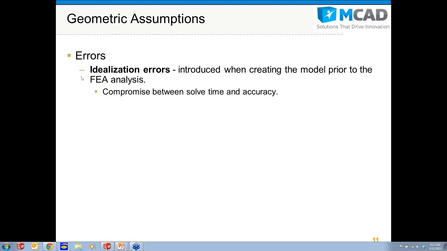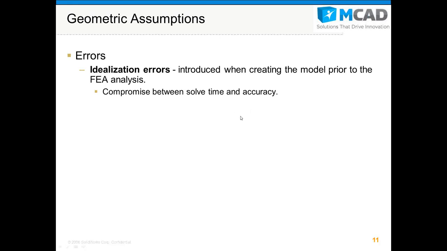So as far as the model goes, it's always a compromise between solve time and accuracy. The more fillets or the more features and geometry that you have in the model, the longer it's going to take to run. But you're also going to have a more accurate model.